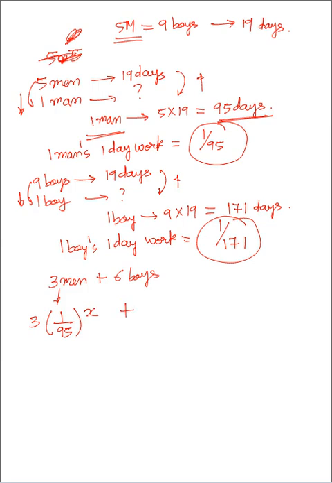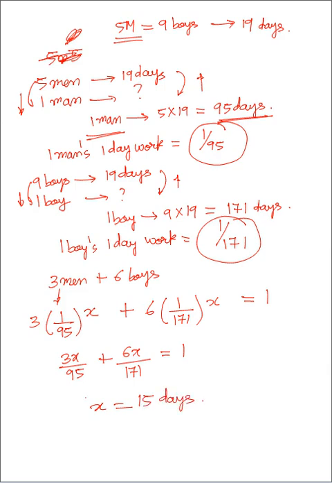Boys' 1 day work is 1 by 171, multiplied by x days. This is equal to 1. So 3x by 95 plus 6x by 171 is equal to 1. Just solve it, and you will get the equation and put in the values. Finally you will get the answer 15 days only. I am not solving this equation, but you check it, you will get 15 days only. Okay, thank you very much.